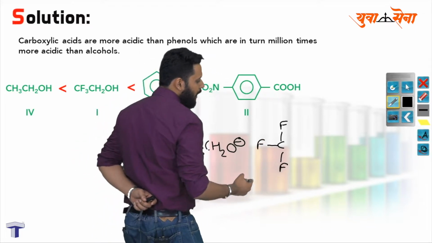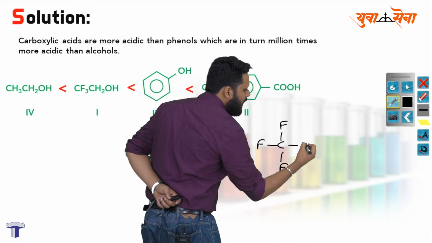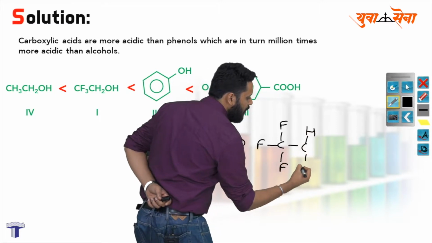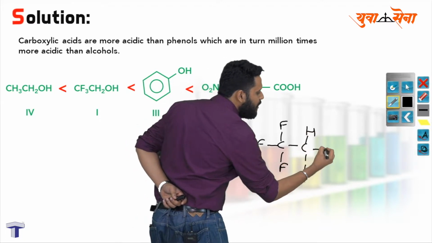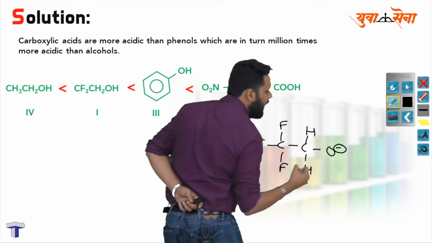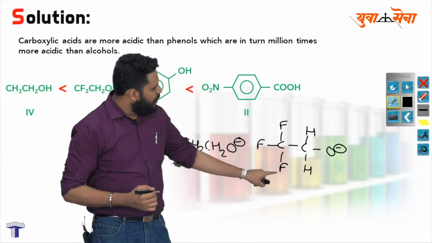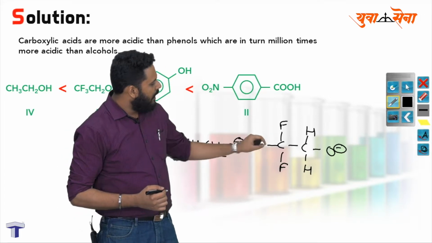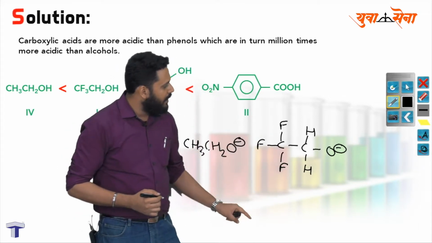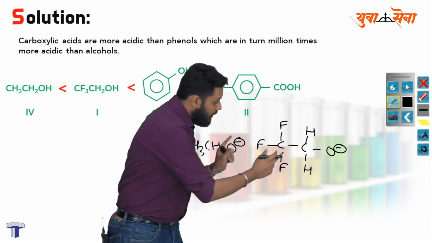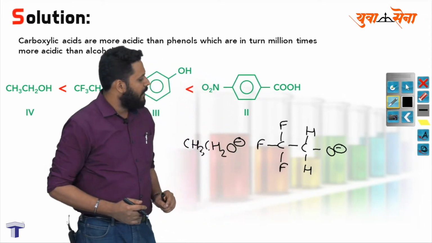Now this is attached to CH2, so you have 2 hydrogens here, and then you have oxygen with a negative charge. This is the structure for 2,2,2-trifluoroethanol. Now from here H has gone away, so this structure is the conjugate base structure.